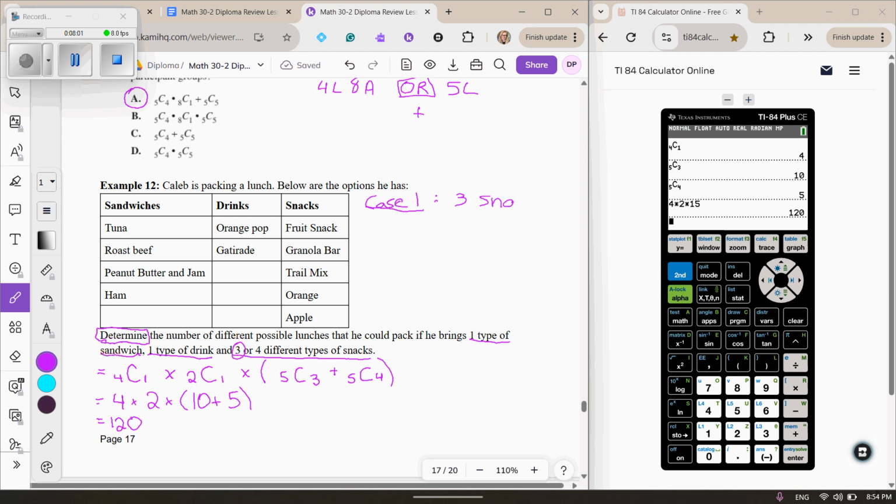And case number 2 is packing the 4 snacks. Okay, so if we pack 3 snacks, we will have 4 choose 1 for the sandwich, times 2 choose 1 for the drink, times 5 choose 3.